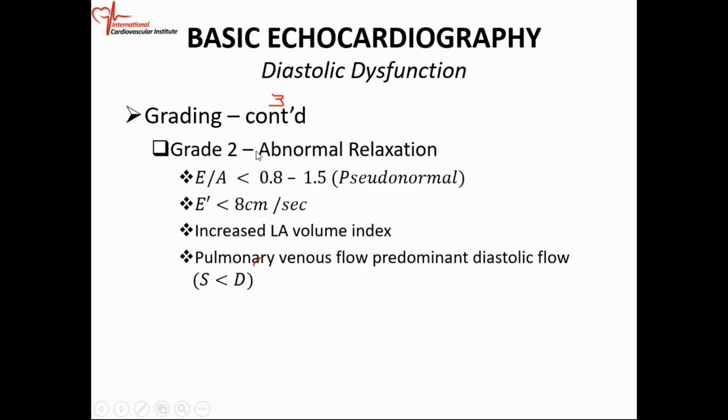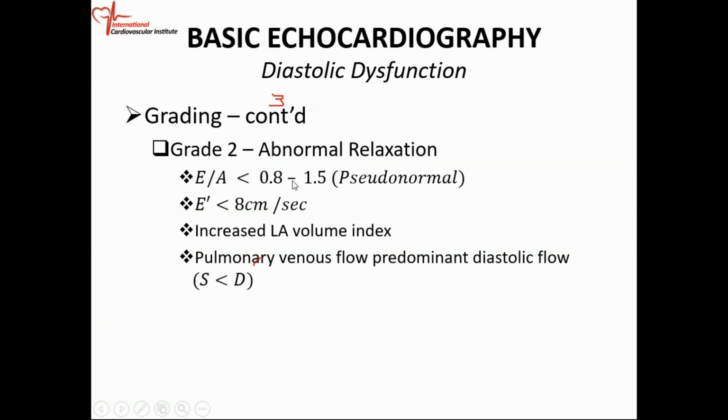When we talk about grade 2 diastolic dysfunction, you now get into a greater stage where there is impairment in relaxation, and you might have some problem with compliance. Okay, it is pseudo normal.